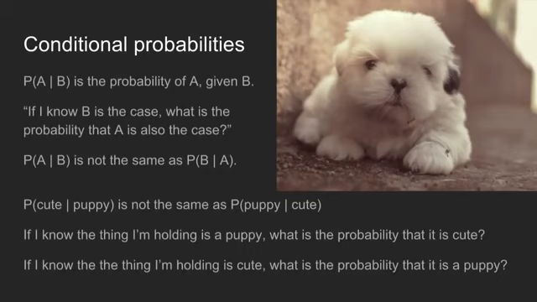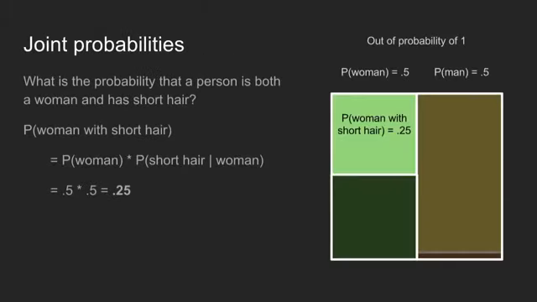The probability is very high. If I know that the thing I'm holding is cute, what's the probability that it's a puppy? Well, it might be a puppy, it might be a kitten, it might be a hedgehog, it might be a small human. There's lots of things that it could be. So the probability there is less moderate. So these things are not interchangeable in conditional probabilities.